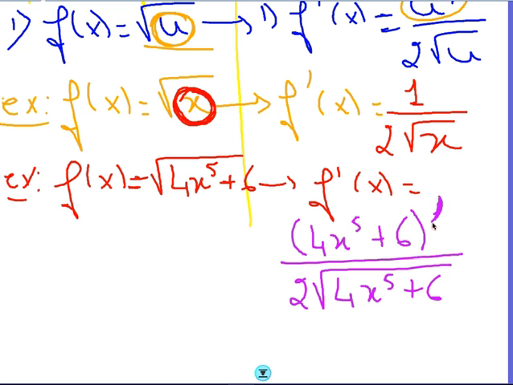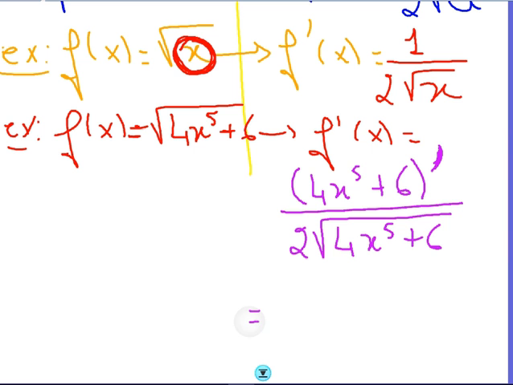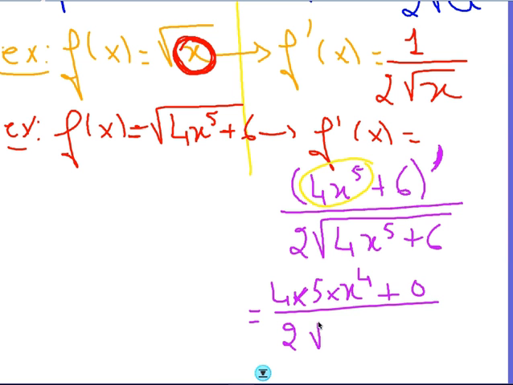Everything prime, it means you have to make its derivative. What is the derivative of 4x to the power 5? It's of the form ax to the power n, so it is 4 times 5, you bring down the n, times x to the power n minus 1, so power 4, 5 minus 1 is 4, plus derivative of 6 is 0, derivative of any constant is 0, over 2 radical 4x power 5 plus 6.